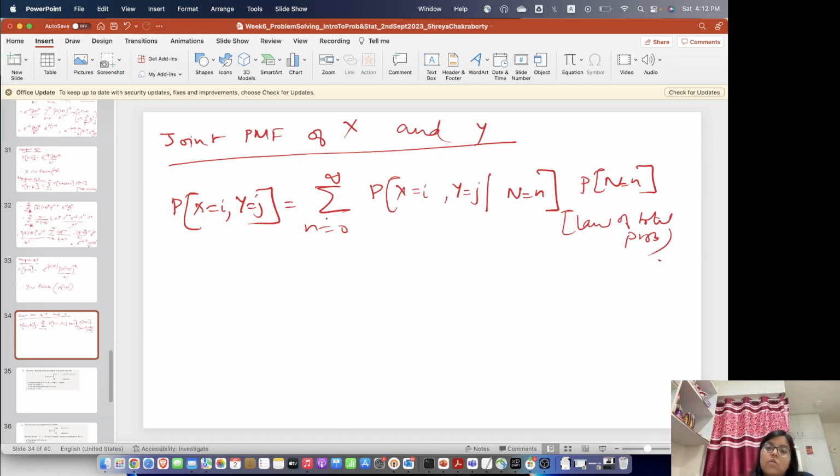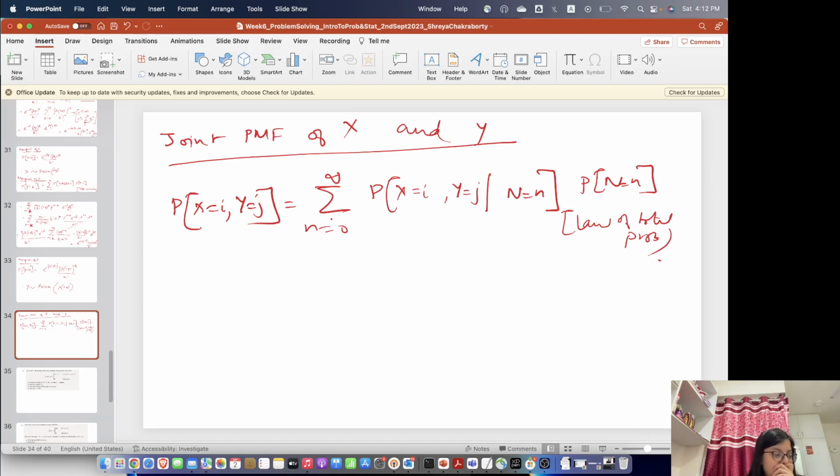Alright, so now this is done. Now we have been given that x plus y is n. So here this thing is 0 if n is not equal to i plus j.